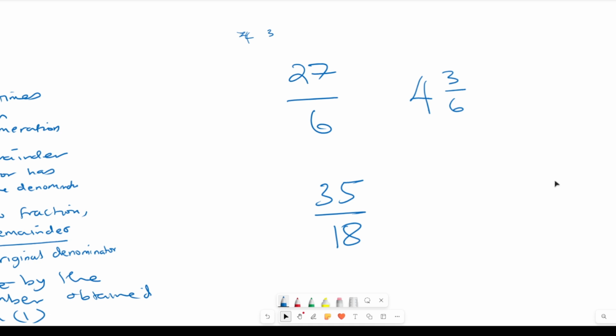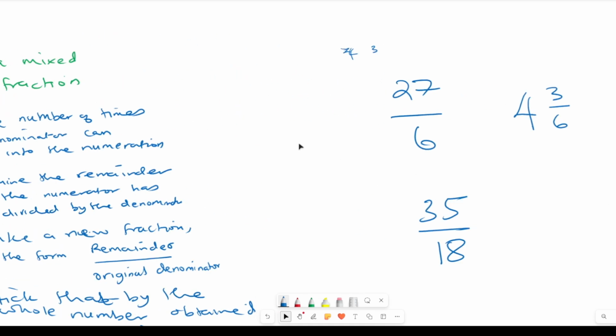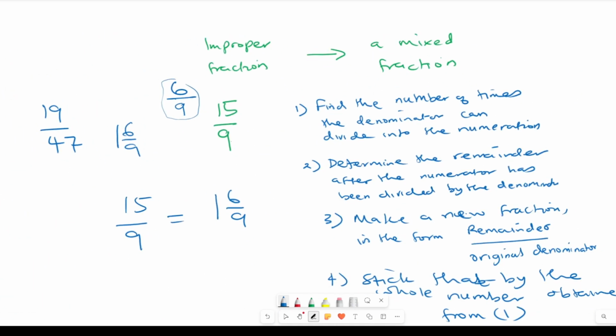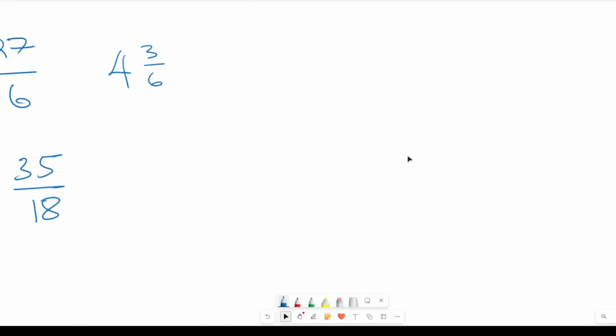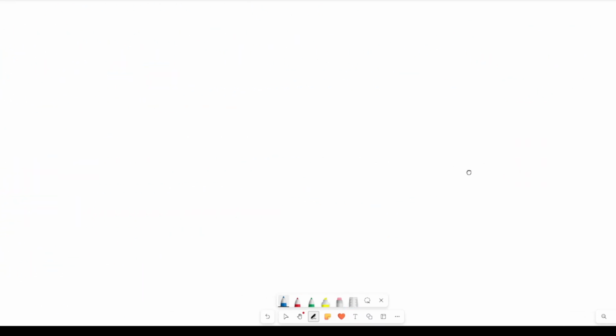Now let's go on. We have been looking at improper fraction to a mixed fraction. How about when I have a mixed fraction and I'm going to change that into an improper fraction? This time I want you to change a mixed fraction to an improper fraction.